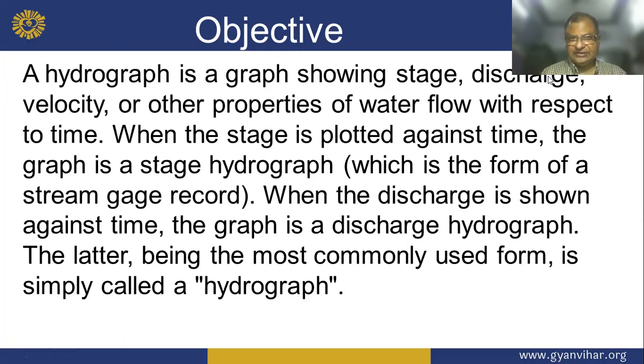When the stage is plotted against time, the graph is a stage hydrograph, which is the form of a stream gauge record, and when the discharge is shown against time, the graph is a discharge hydrograph. The latter, being the most commonly used, is simply called a hydrograph.